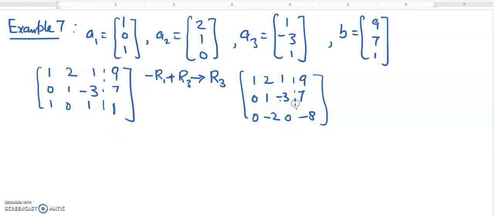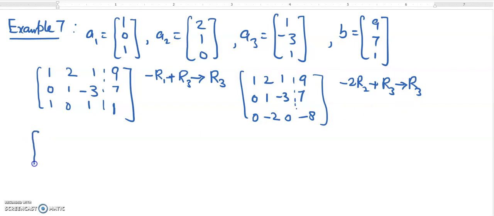In the next step, this is now the pivot point or the leading term. So I need to make this 2 as 0. The row operation I will do is minus 2 times R2. I will multiply this row by 2 and add it to row 3, and that will give me a new row 3.